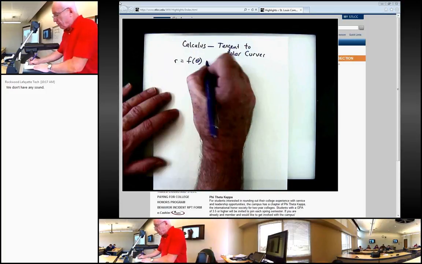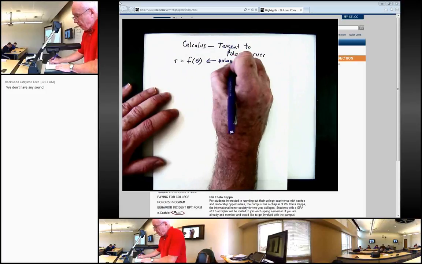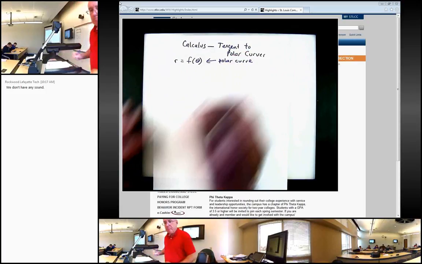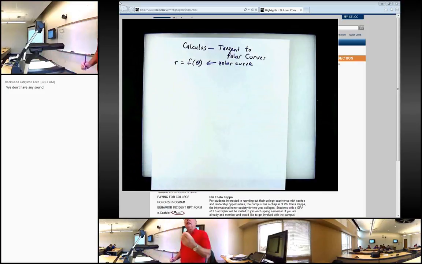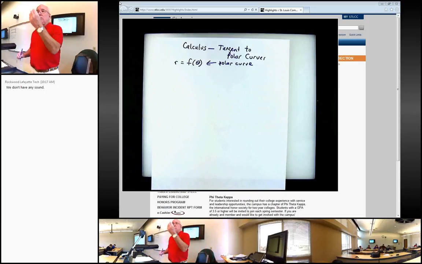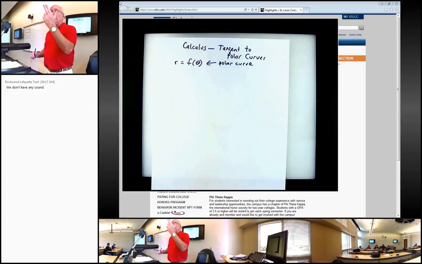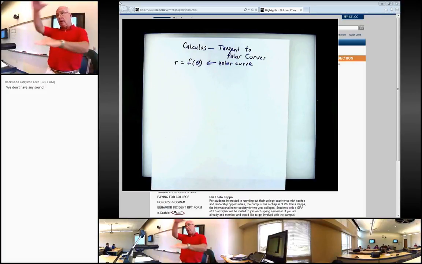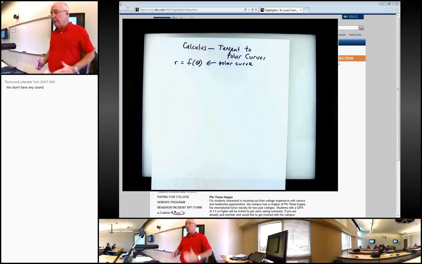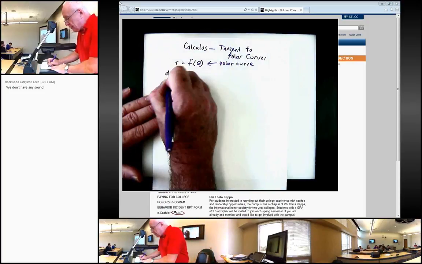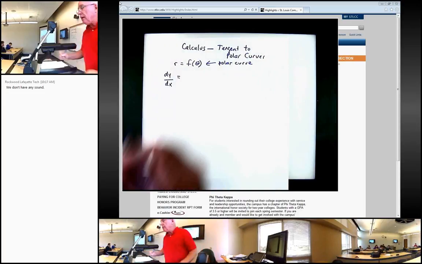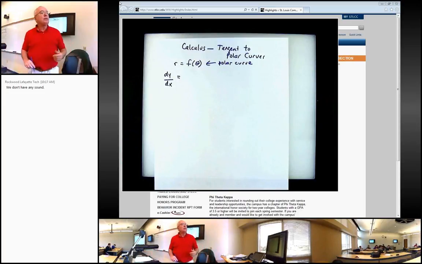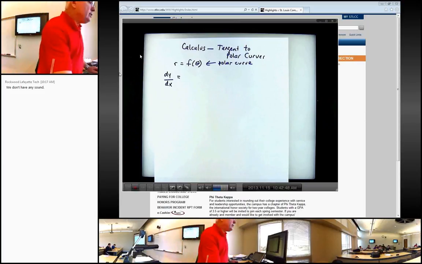What we want to figure out is what these derivatives are like in the Cartesian system, because that's the up and sideways system. That's how we're used to looking at things. So we want to calculate dy dx. And it's going to turn out it's going to be the same way as it was with the Cartesian system.